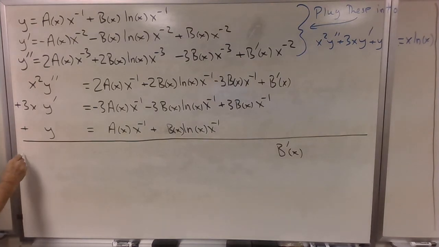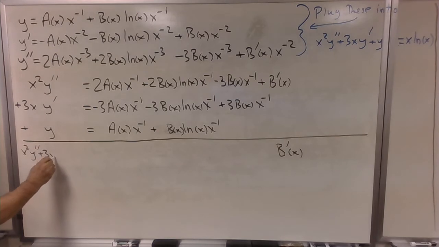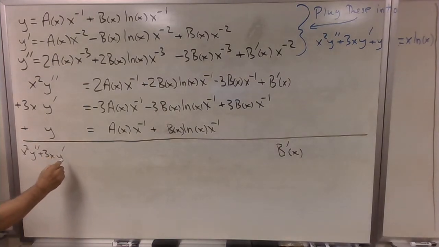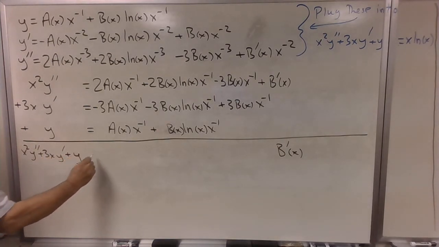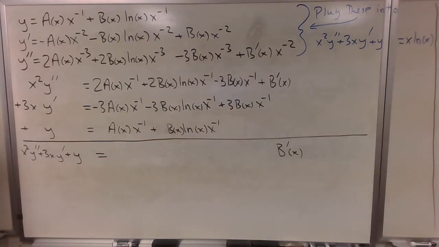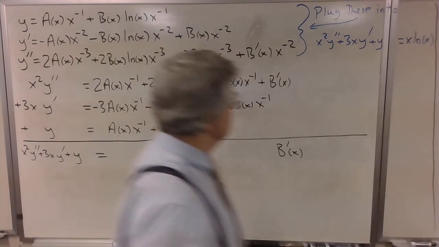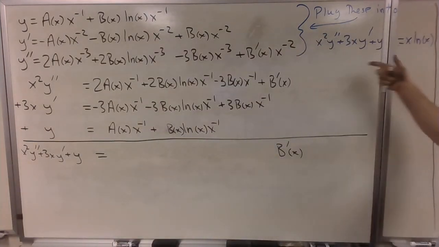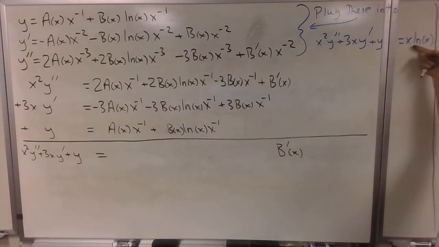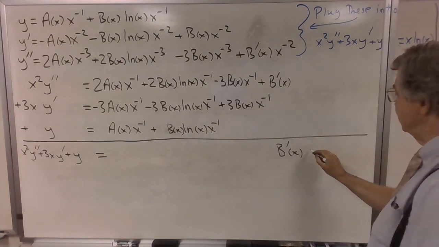Now over here I have x squared y double prime plus 3x y prime plus y, and that's equal to b prime of x. But according to our original equation, that's also equal to x natural log of x.